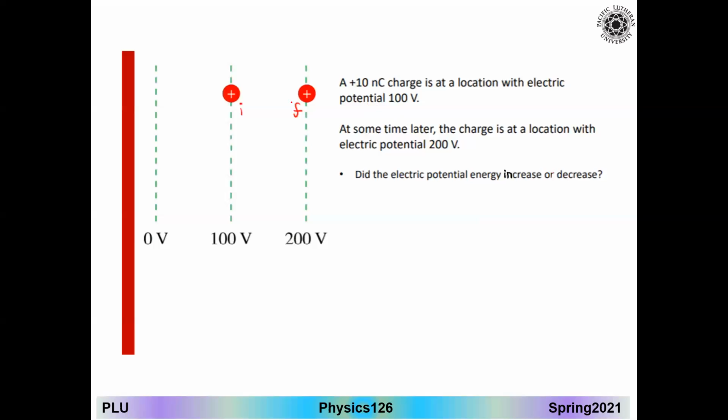One is the initial position and the other is the final position, moving the charge from 100 volt to 200 volt. At the end, we're going to find delta U, which is U final minus U initial.